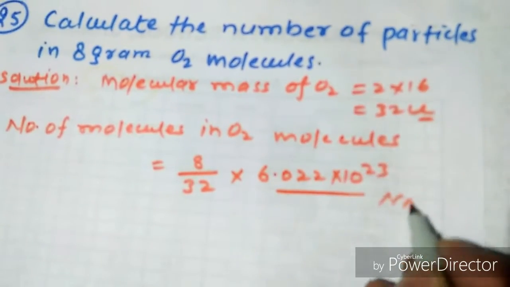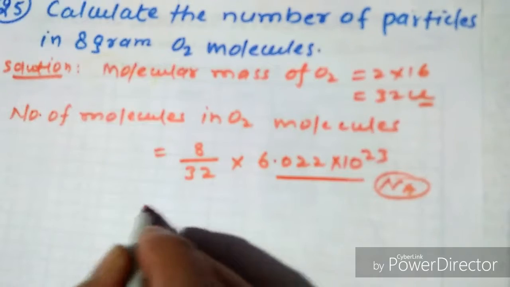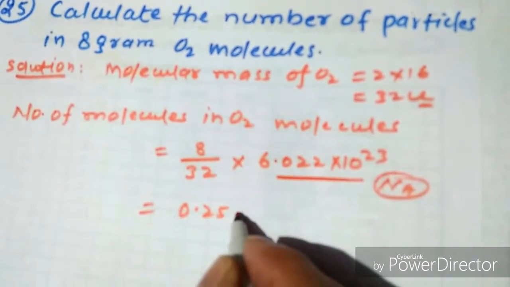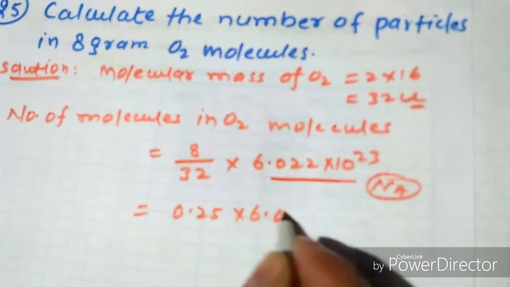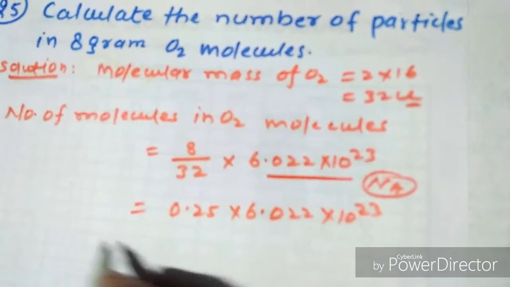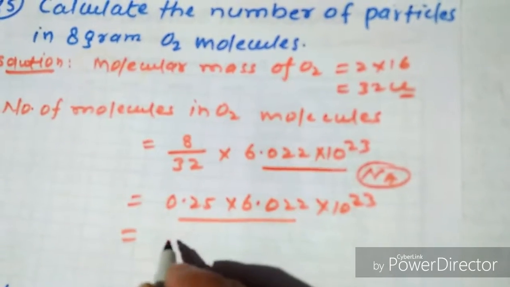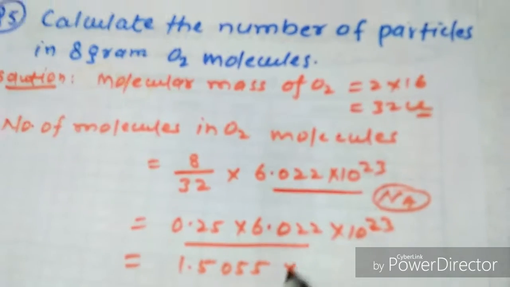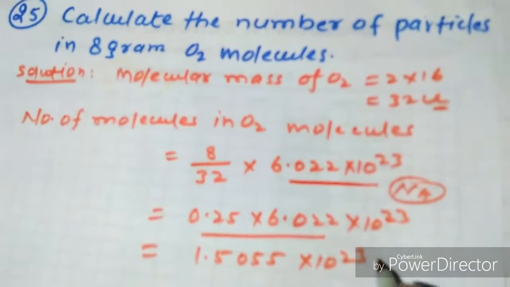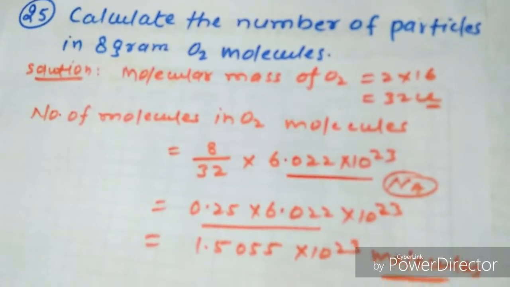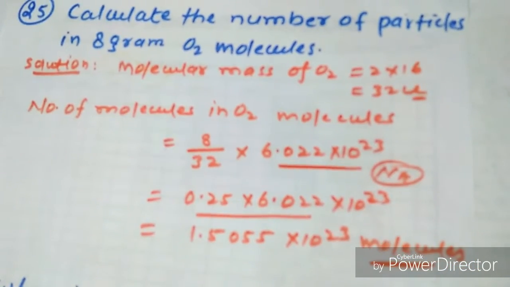After dividing, it gives 0.25 into 6.022 into 10 to the power 23. After multiplying, it gives 1.5055 into 10 to the power 23 molecules. It's very easy to find the solution of this type of question.